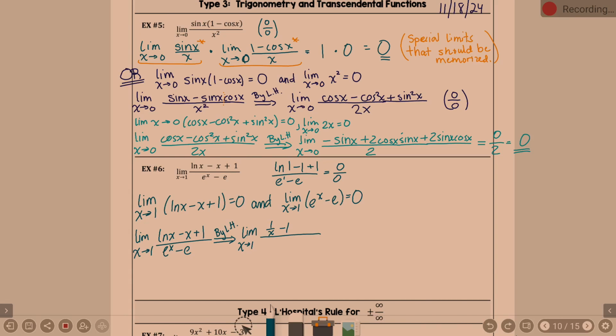The derivative of e to the x, minus the derivative of e. Is there an x though? No, there's not an x. There's no variable, which makes e a constant. The derivative of any constant is 0. Did they trick us? Of course. They're trying to.